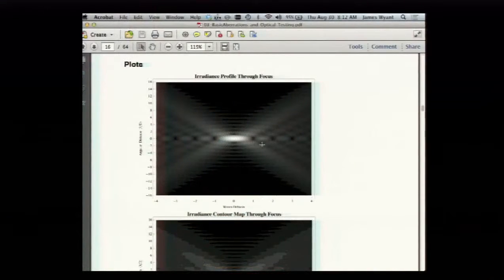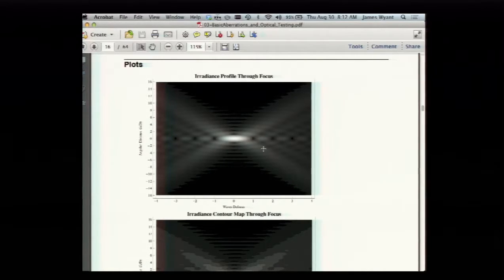If I have a wave and a half of defocus, now I have 3 Fresnel zones. 2 of them will cancel and I'll be left with 1, so I'll get more light there. So for any integer number of waves of defocus, you're going to get a 0 on axis. Okay.